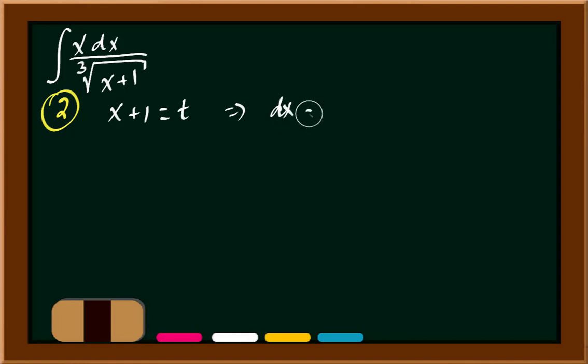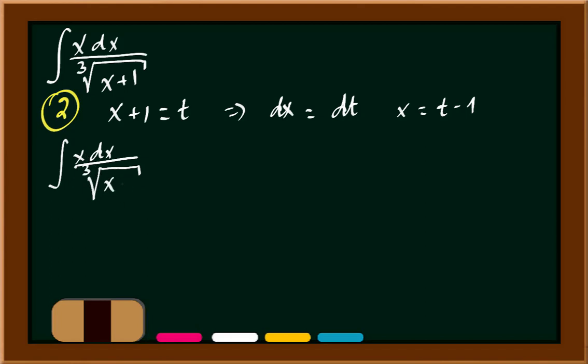That means dx is equal to dt and x is just equal to t minus 1. Okay, so it works. So what we can do here is the integral of x dx over the cubic root of x plus 1 becomes, we replace everything now, plug in, and we get t minus 1.